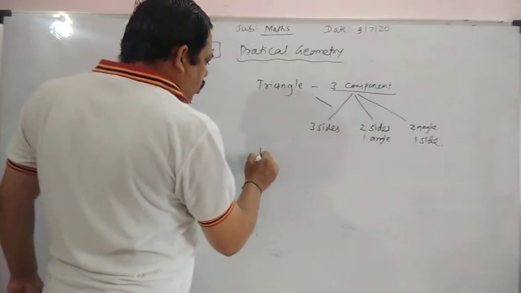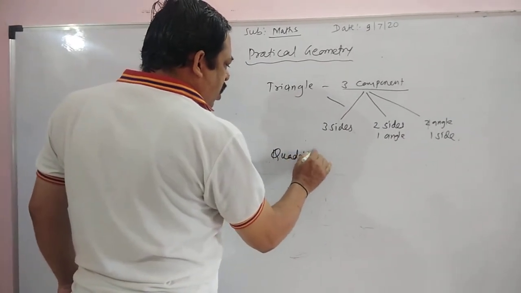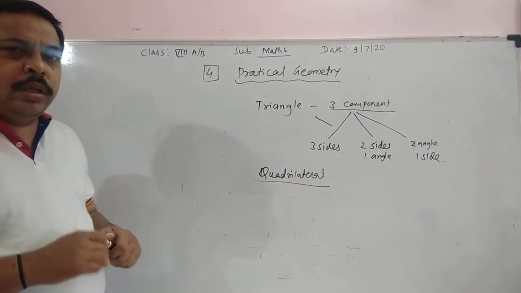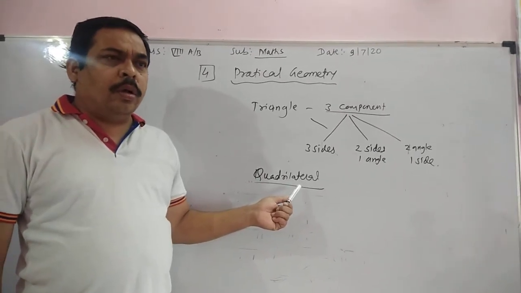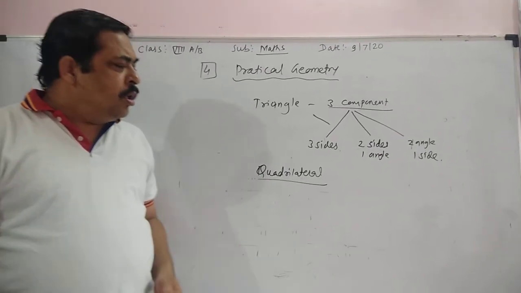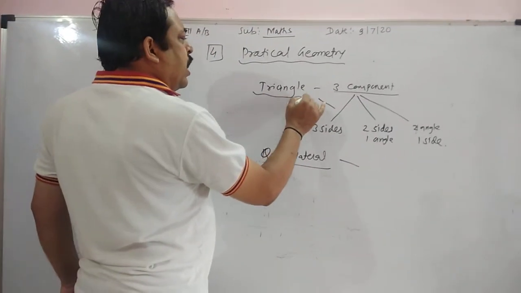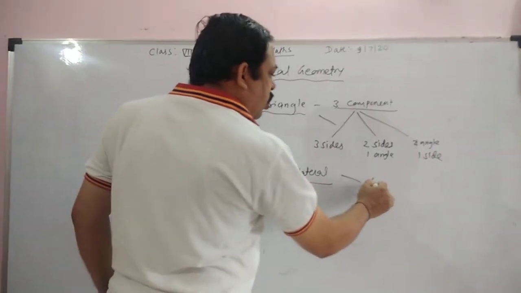Now, if I want to construct a quadrilateral, then how many components do I need? Many students tell that, sir, if to draw the triangle we need 3 components, then to draw the quadrilateral we need 4 components.